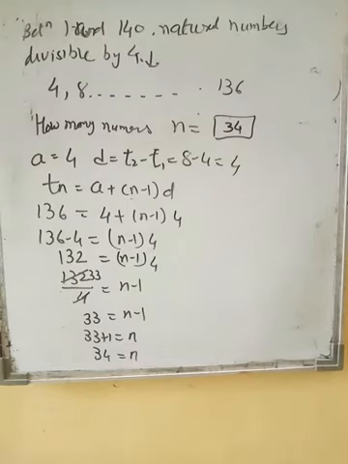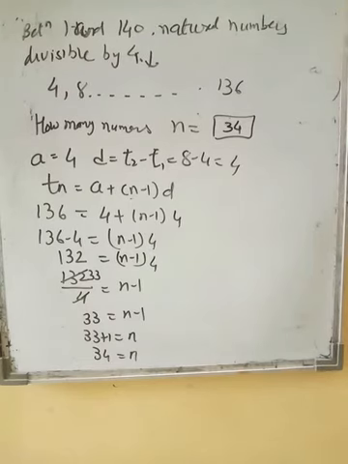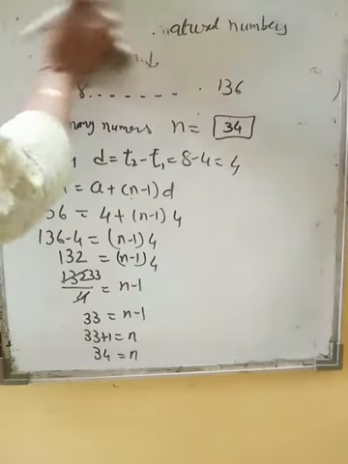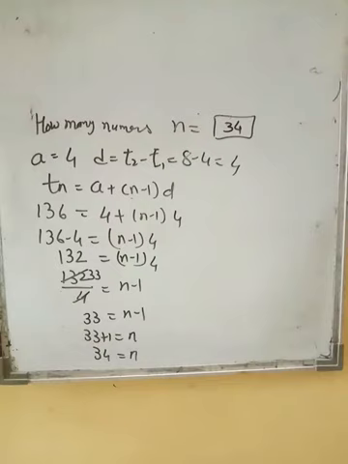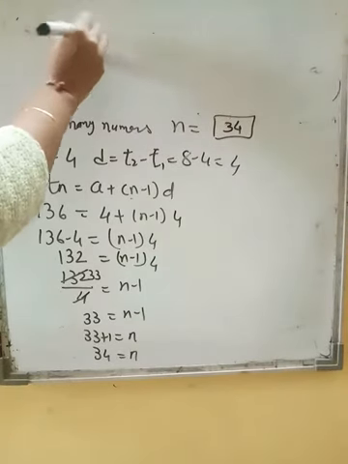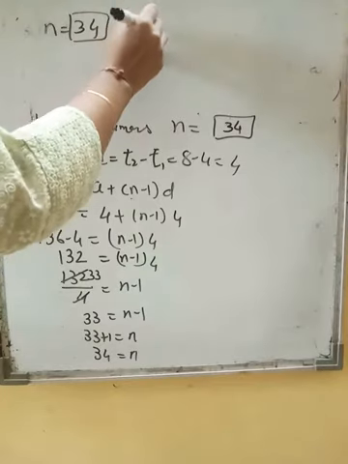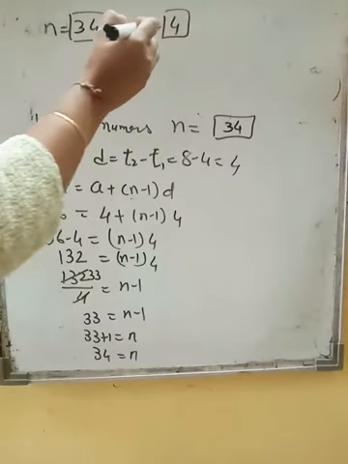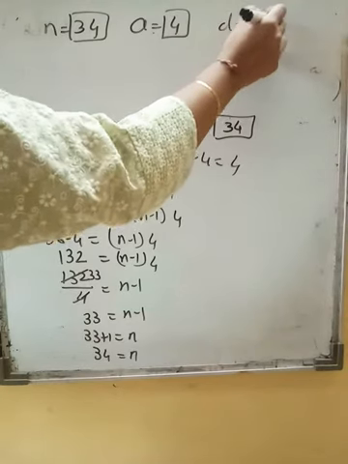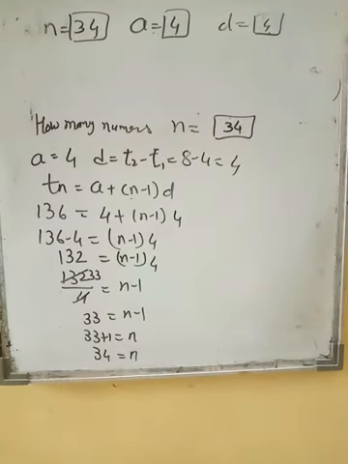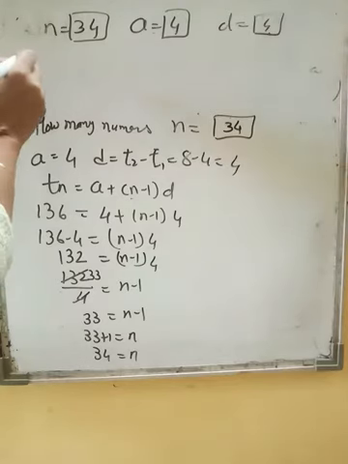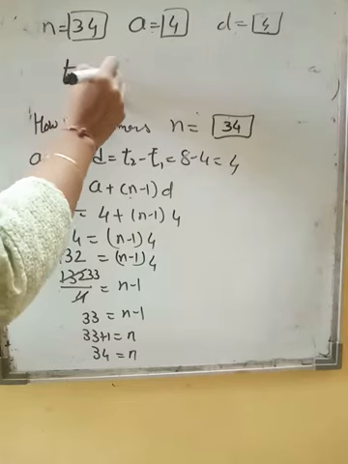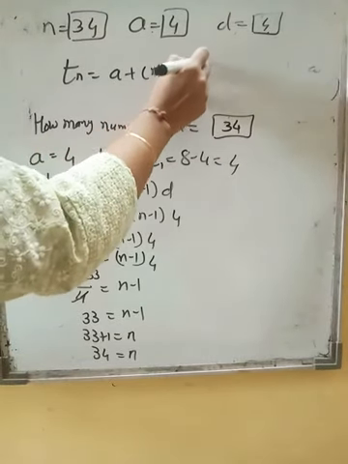Okay. Now they have asked the box: what is n equal to, what is a equal to, and what is d equal to. So let us write down that. So our n is 34, our A is 4 and our D is also 4. Correct? Tn is equal to A plus n minus 1 into D, that we have used.